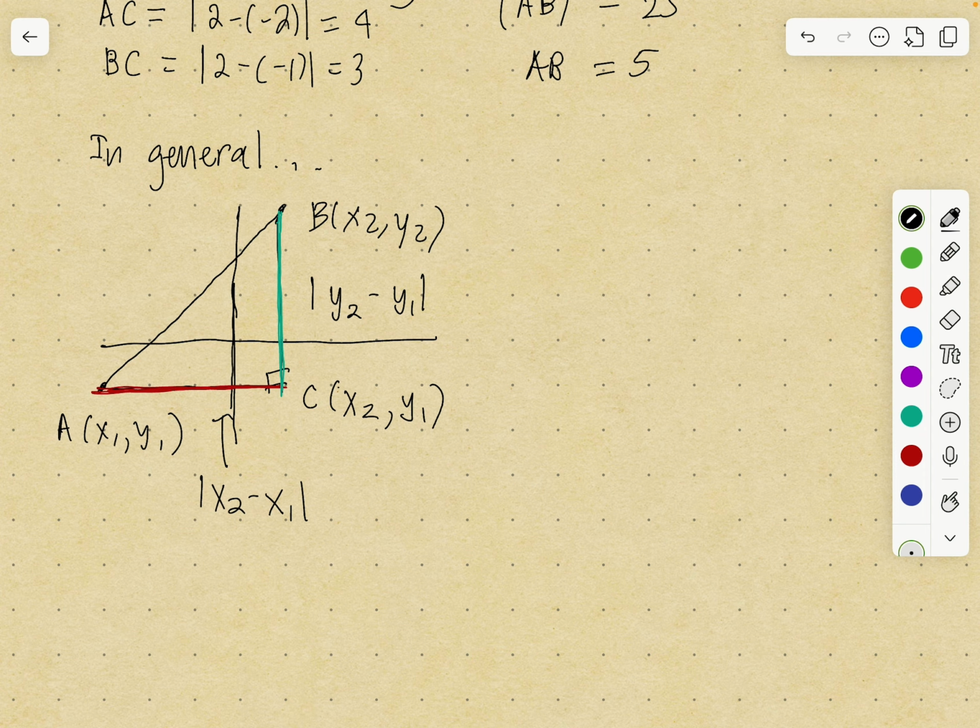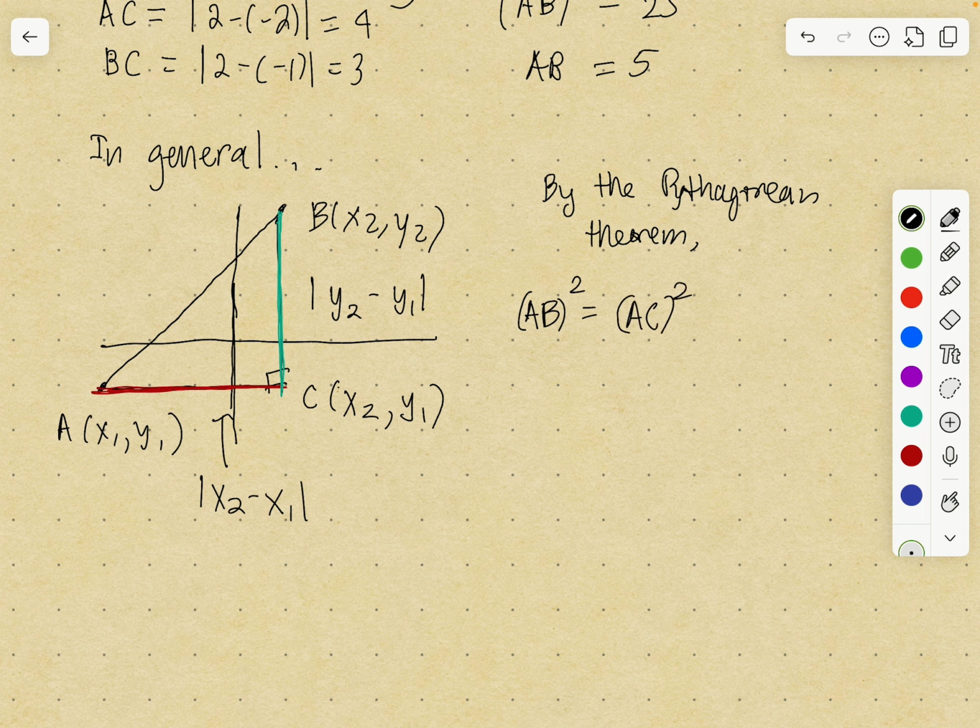So the Pythagorean theorem says, by the Pythagorean theorem, AB squared is equal to AC squared plus BC squared. AC, we know, is the absolute value of x2 minus x1.